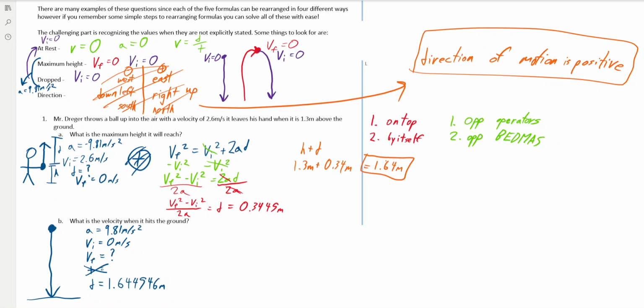Now we don't care about time, okay, but this time we're looking for VF. It's actually going to be the same equation as before because we don't have any time. So we can reuse the same equation, but this time we're going to solve for VF. The nice thing about that is that it's really easy to solve for VF. All we have to do is square root both sides.